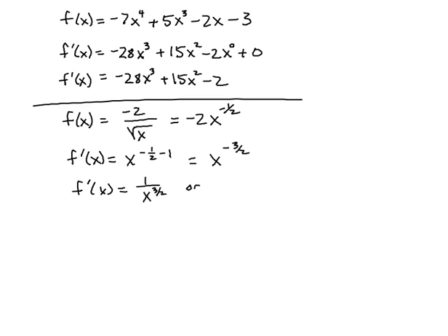Or actually, I could write that back in radical form. If you remember, I would have the square root of x cubed, and then if you wanted to simplify that further, I could pull out, or square root out an x squared, if you will, and write it that way.